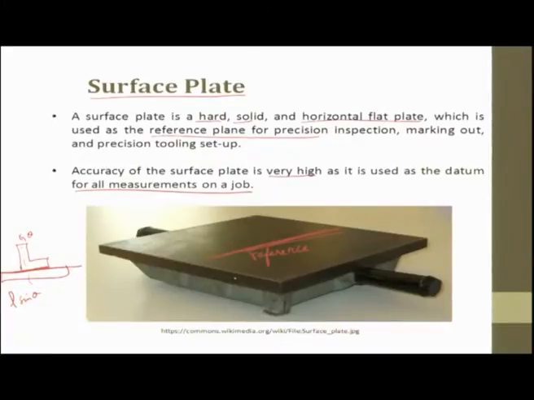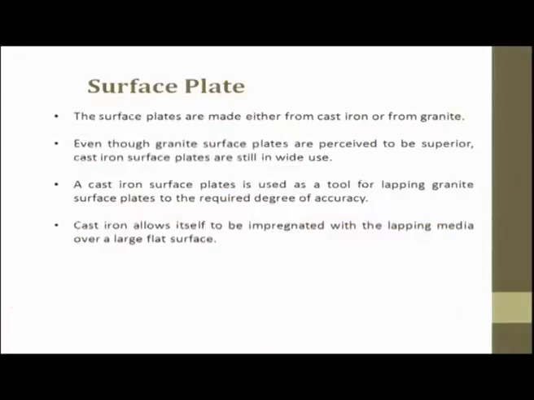For example, if you want to put a shaft, a flat plate, or any other objects, and if you have a reference surface, that reference plane should butt against the surface plate. Surface plates are generally made out of cast iron, and the surface of the surface plate will always be hardened so that it has very good wear resistance.